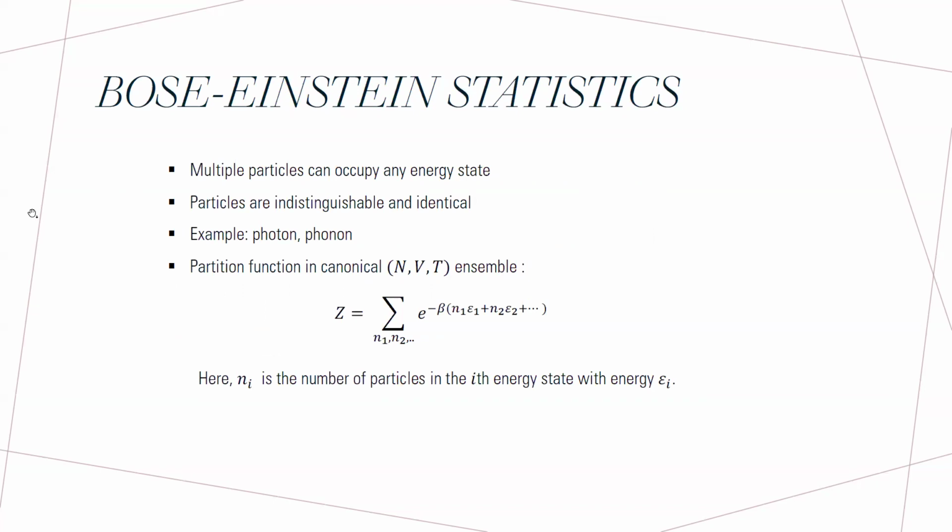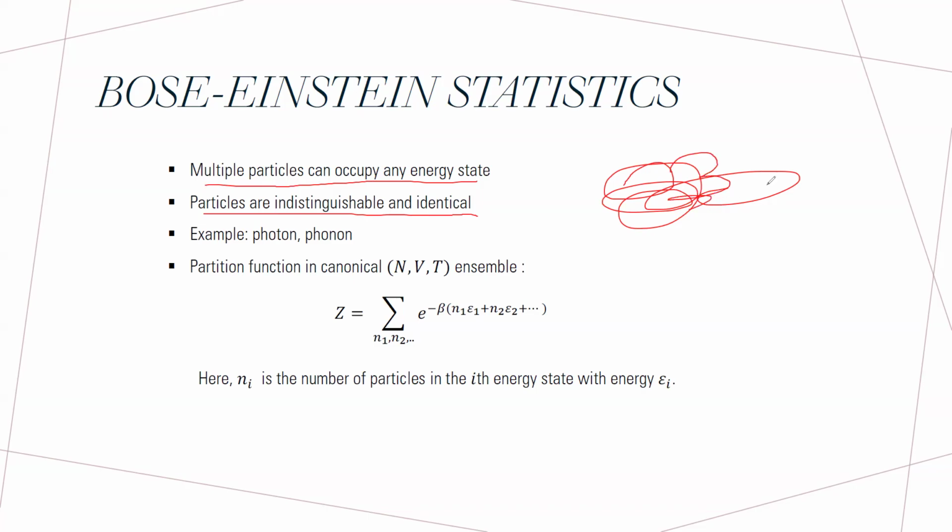Based on the Bose-Einstein statistics, multiple particles can occupy any energy state, and particles are indistinguishable and identical. That means we cannot locate the position of the particle, so it is difficult to understand the position of the particle.